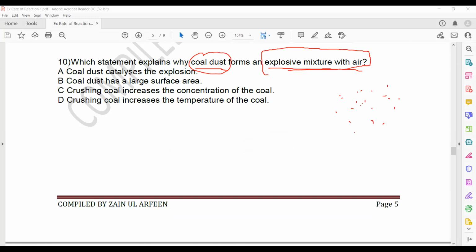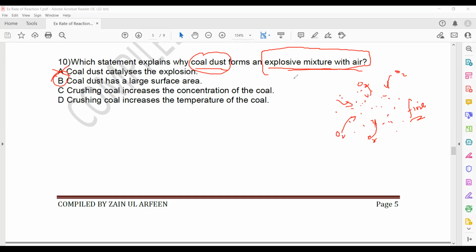When we check the option, coal dust catalyzes, it's not a catalyst. Coal dust has a large surface area because the particles of coal dust are very fine. When the particles are fine, they will have a large surface area, so they can easily react with oxygen, and it can have an explosive reaction or explosive mixture. That's why B is the right answer.